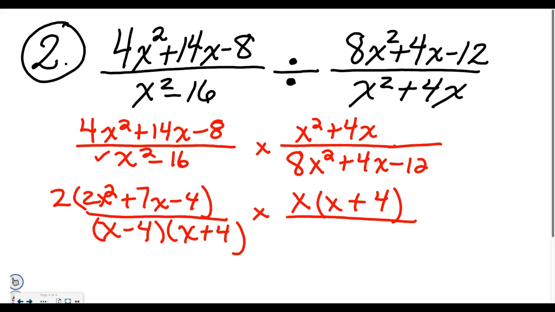What do you think, Parker, I can take out of all of these? Yeah. You might say a 2, but then you'd be at 4x squared, 2x, and a 6, and they're still all even. So actually, what can you take out of 8? That also comes out of 4. That also comes out of 12. 4. Yeah. So we're going to chop a 4 out of each of those.